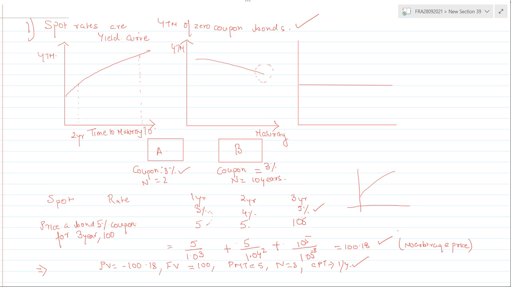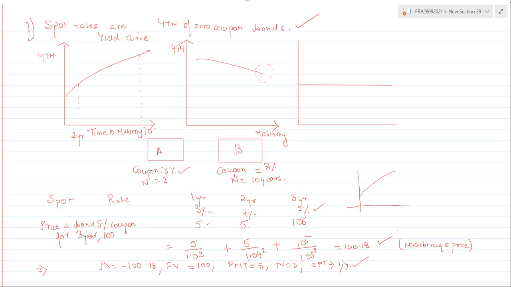But when we use a single discount rate to discount all future cash flows of the bond, we are not factoring in the shape of the yield curve, or the beliefs of the investors with respect to future interest rates.